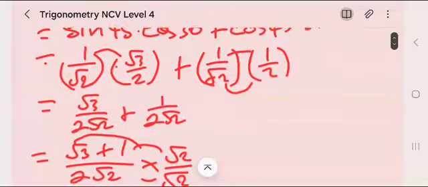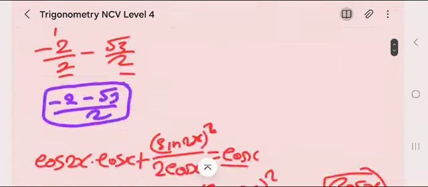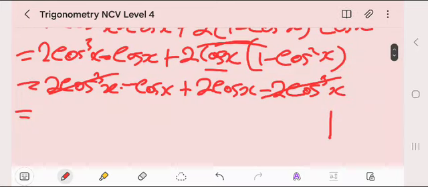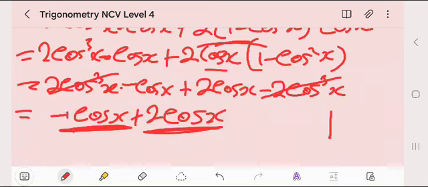I want to prove that what we have here is cos only. This and this do cancel. You will be left with minus cos x plus 2 cos x. So minus 1 plus 2 gives us 1.